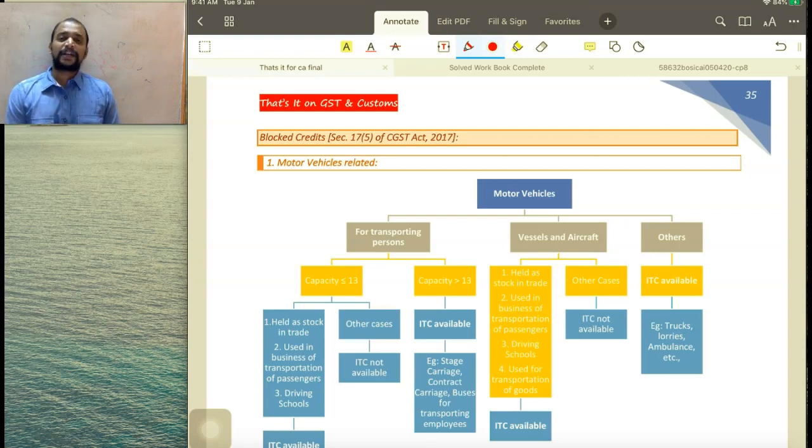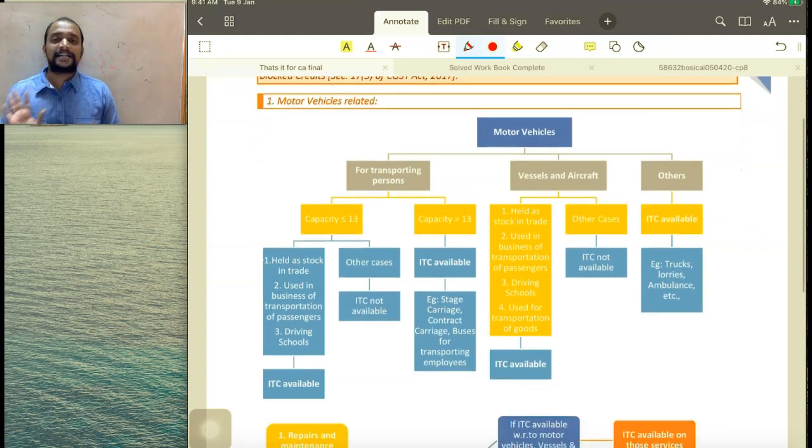Then, with respect to transportation of persons, we need to check the capacity here. Capacity exceeds 13, capacity does not exceed 13. If the capacity exceeds 13, you can enjoy the ITC. What is a motor vehicle used for transportation of persons, capacity exceeding 13? Buses.